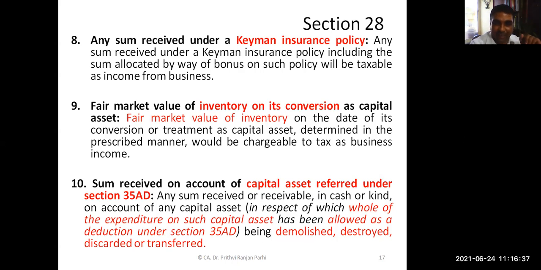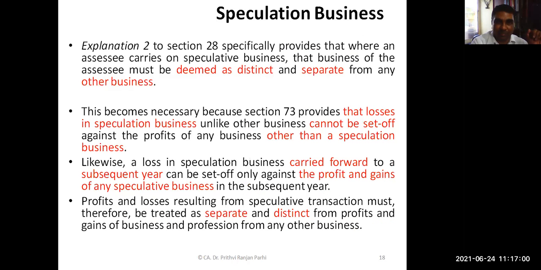And after that, the capital asset is demolished, destroyed, discarded, or transferred, sold, anything. That means you have claimed the entire benefit. After that, you are transferring the asset and getting some money. If that is happening, then any sum received on account of transfer of this capital asset shall be treated as income under the head profits and gains of business or profession.